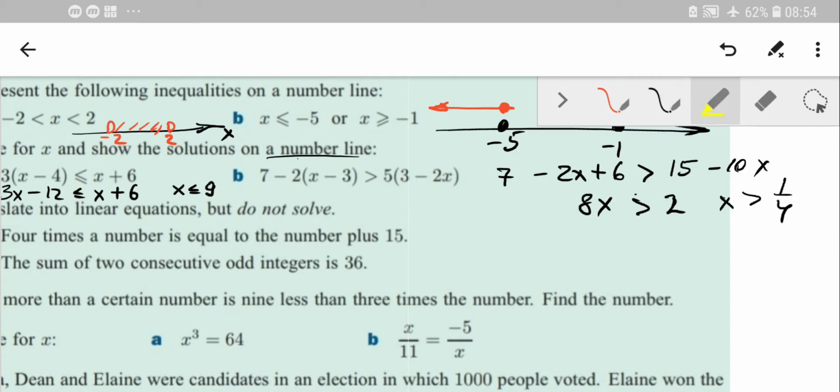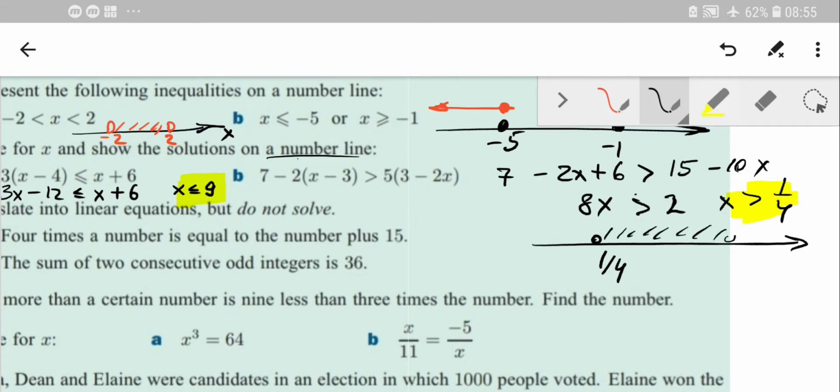Alright, so we have 2 solutions, and now we pick them on the number line. Here, x more than 1/4, and this is a hollow circle, and it goes this way.